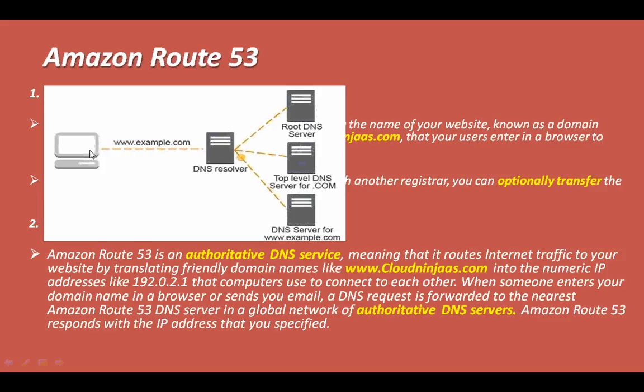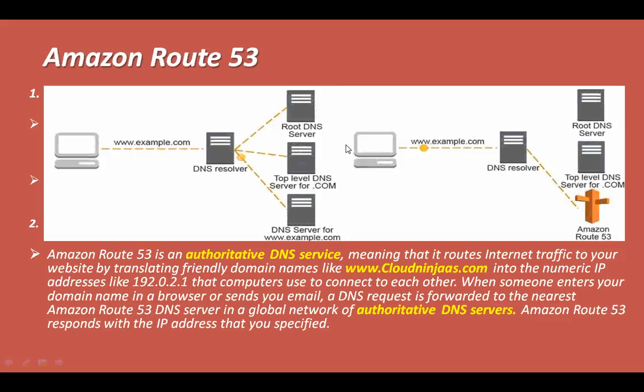Now if you are using Amazon Route 53, your query from the ISP is directly forwarded to Amazon Route 53. All the recursive queries which were being performed within the root DNS servers and the subsequent TLDs are skipped, and that time is saved because Amazon Route 53 uses its own pool of worldwide authoritative DNS servers, which helps in resolving the query in a pretty fast manner.